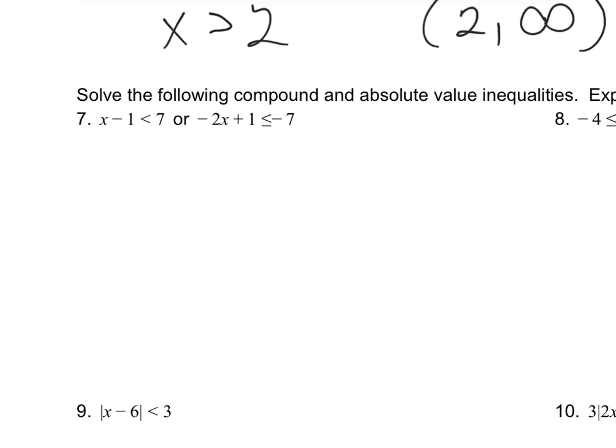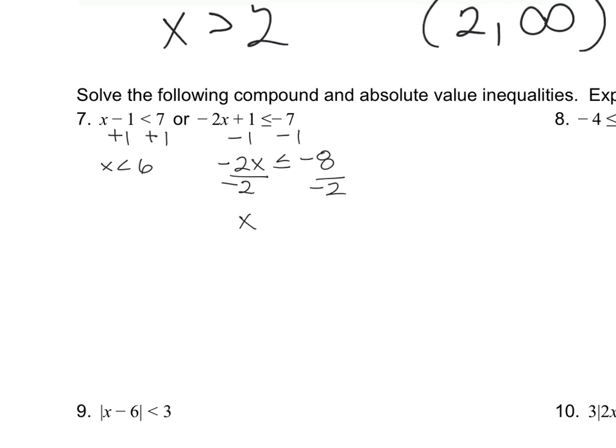We're going to solve each inequality on its own. To solve x minus 1 is less than 7, we add 1 to both sides, and we get x is less than 6. And we're done. For negative 2x plus 1 is less than or equal to negative 7, my first step is to subtract 1 from both sides. So we get negative 2x is less than or equal to negative 8. Then we divide both sides by negative 2.